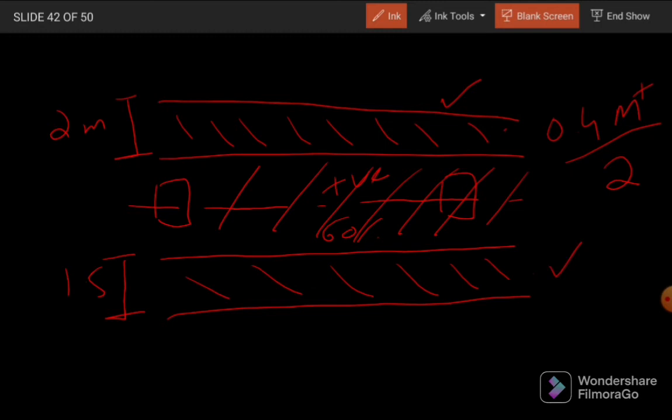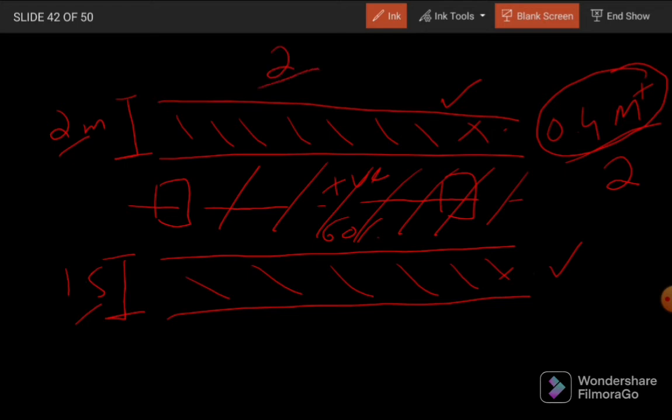It's not like that. We have to distribute this moment proportionately to this middle strip and this middle strip based on their width. So the overall width is 3.5 meter and the width of this is 2.